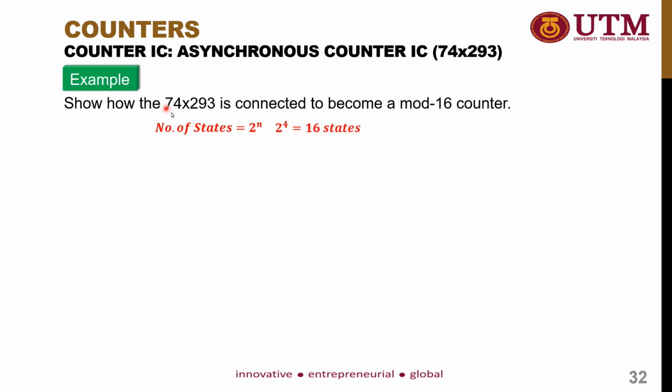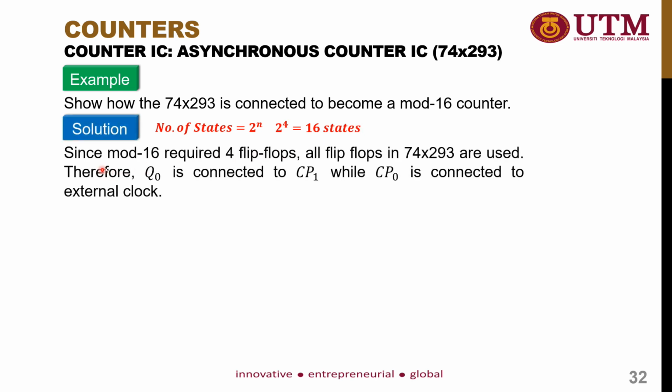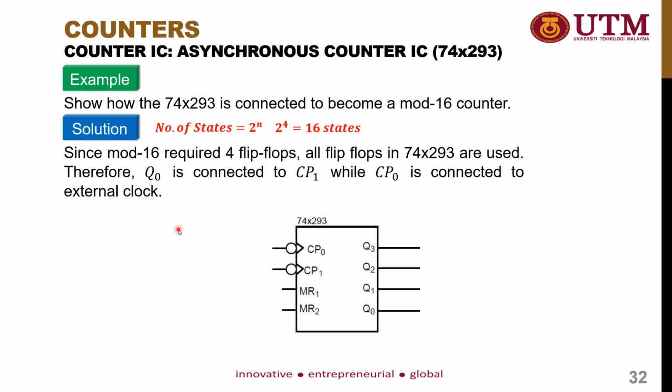So this IC is valid to become a mode 16 counter, because mode represents states. Since mode 16 requires 4 flip-flops, all flip-flops in the 74X293 are used. Therefore, Q0 is connected to CP1 while CP0 is connected to the external clock. So this is the answer to the question.